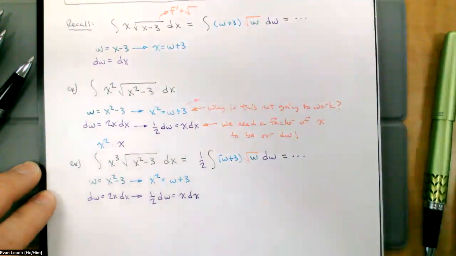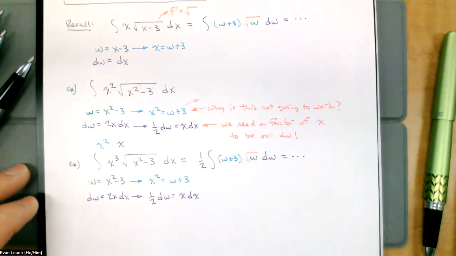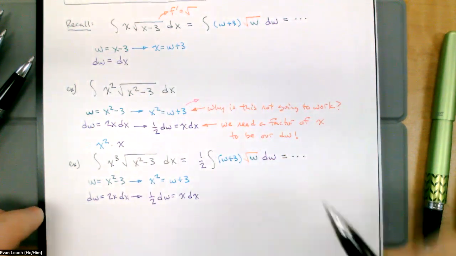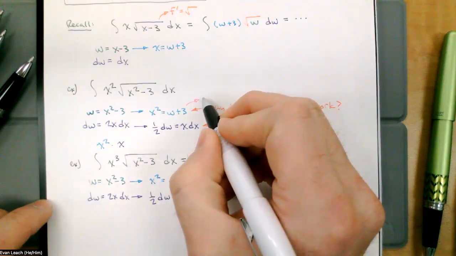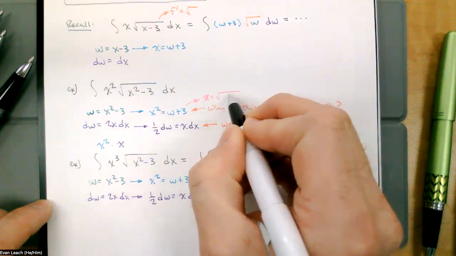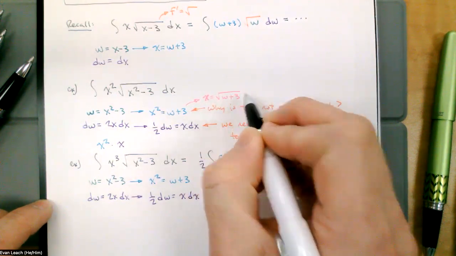The reason that we don't want to just solve for one of the x's is that the thing that we're trying to get rid of is two terms with a 1/2 power. That's super inconvenient because I can't just distribute. And if I try to solve for just one x over here, it becomes a square root of w plus 3.